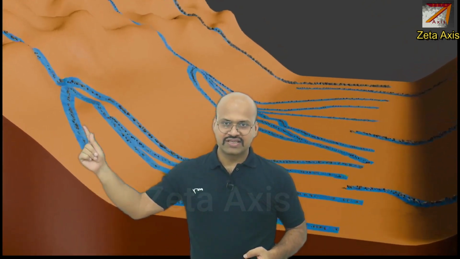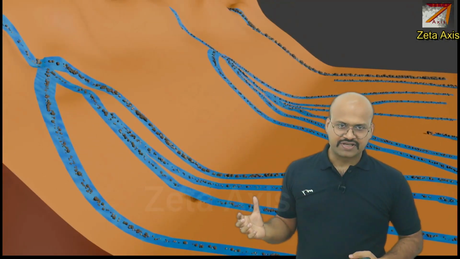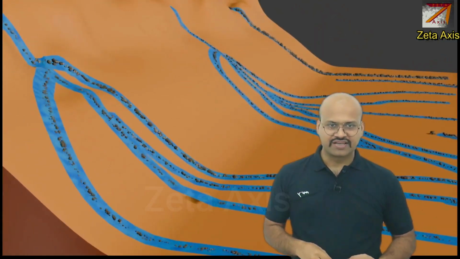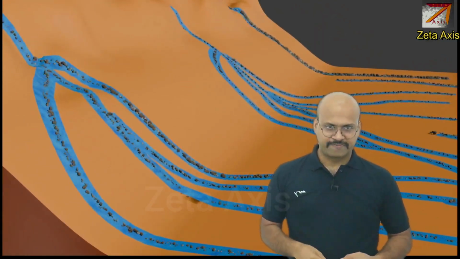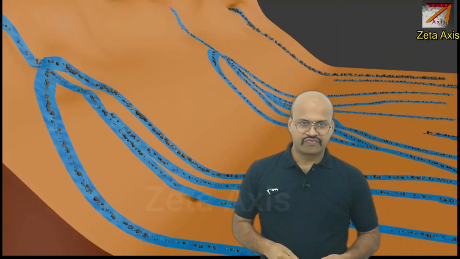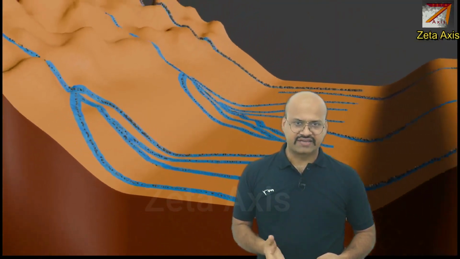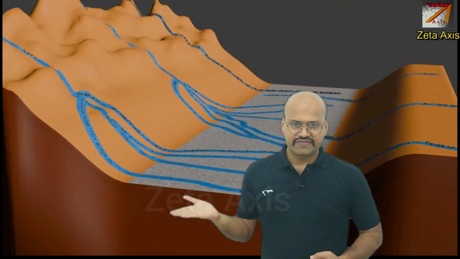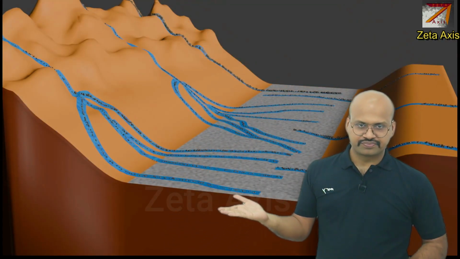These debris are brought over here. When they come into the depression, the speed of the river decreases and the debris are slowly deposited. So over time, the level of this depression will be filled and it will start to rise up.